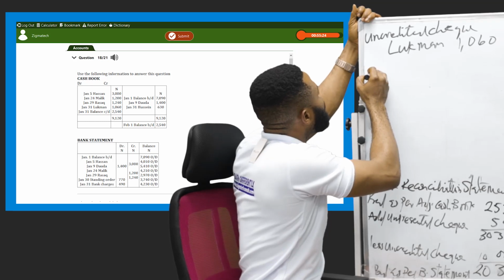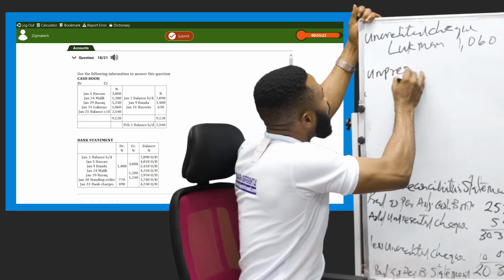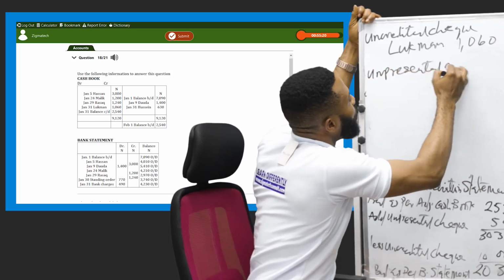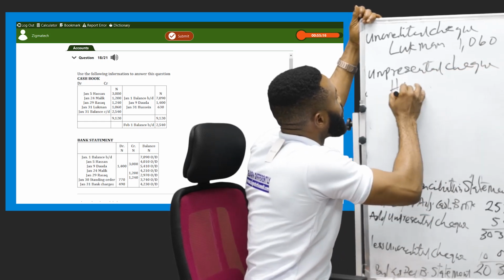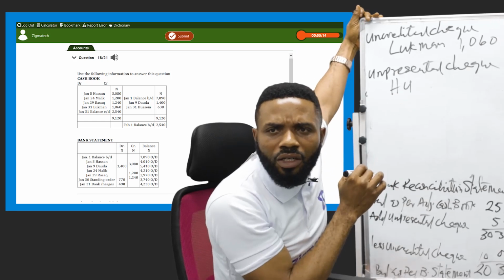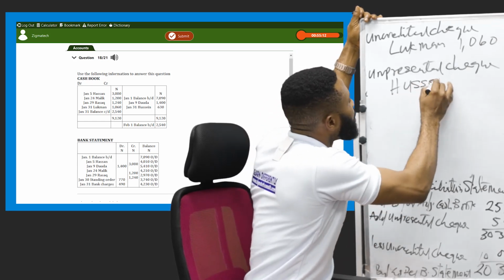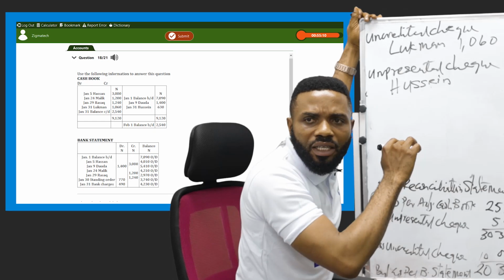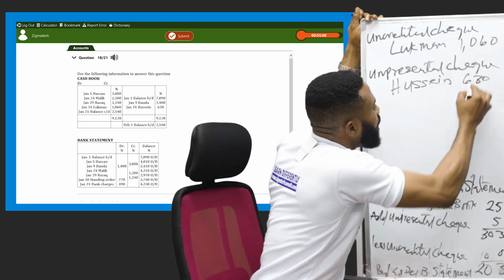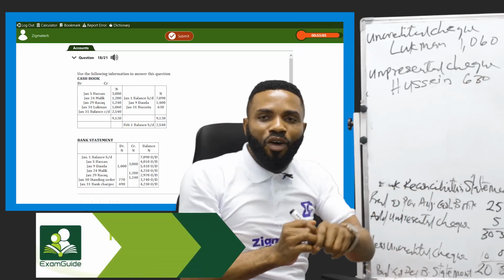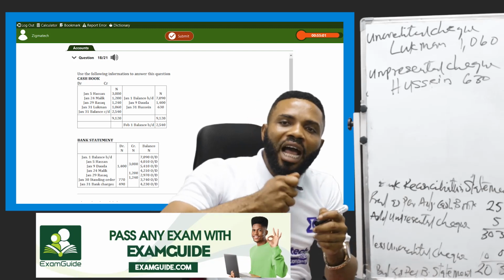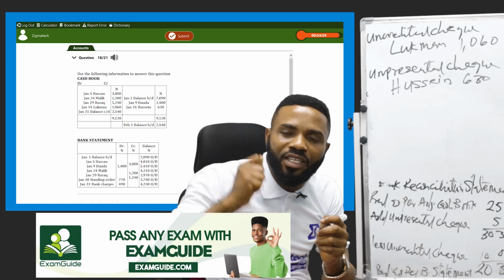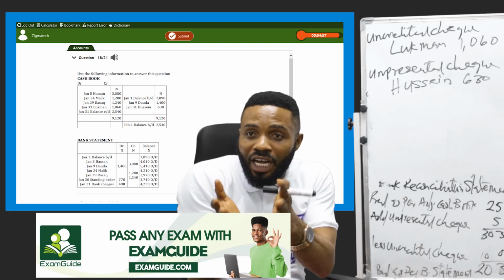So the second one is unpresented check, and the person is Hussein, double S-E-I-N. How much is that? 6,630. Now, what do I mean? This check has been issued out in favor of Hussein. We have given Hussein this check.